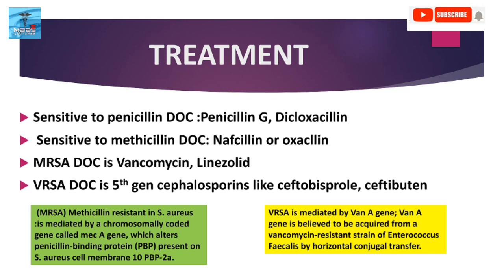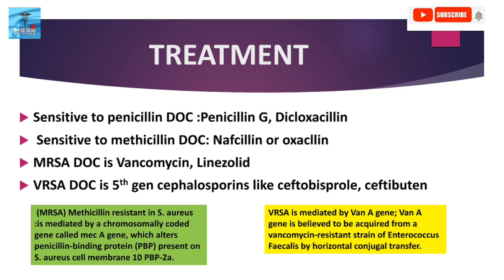Then about treatment. Since Staph aureus rapidly develops drug resistance, the antibiotic should be cautiously chosen. For penicillin sensitive strains, the drug of choice is penicillin G or dicloxacillin, and for methicillin sensitive cases, the drug of choice is nafcillin or oxacillin.